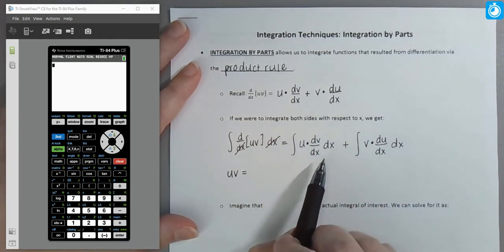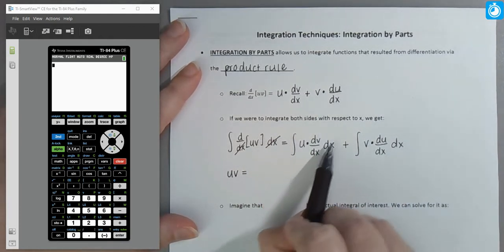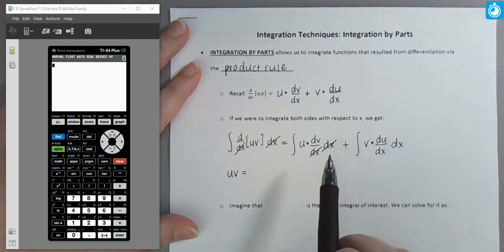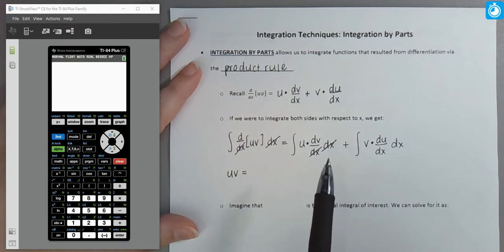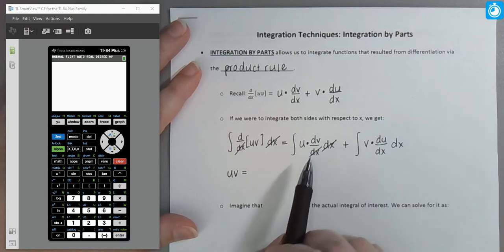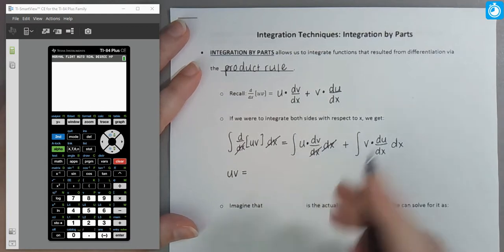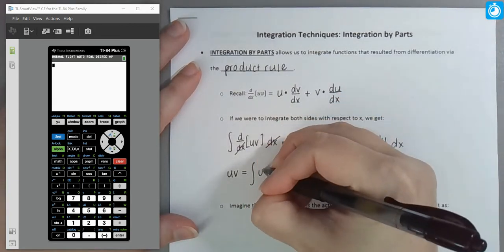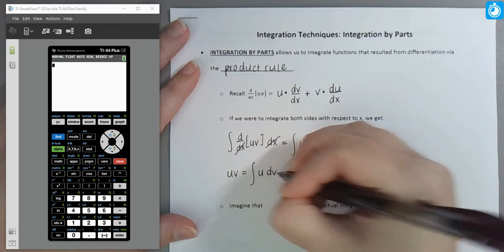Now, what about the other side? Well, for our first antiderivative, we have a matching factor of dx that divides out. But notice we haven't completely eliminated a differential. Now we just have a new differential. We have the differential of v. So we still have an integral, but it's now the integral of u dv.